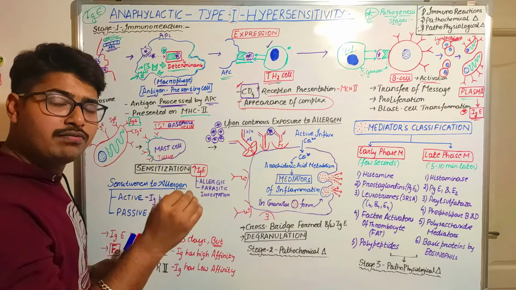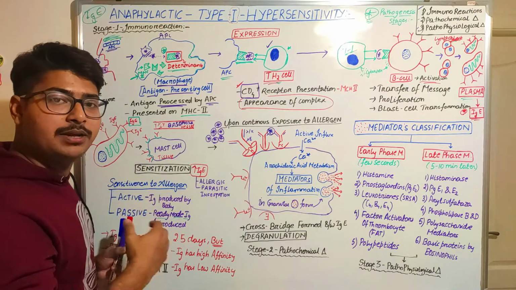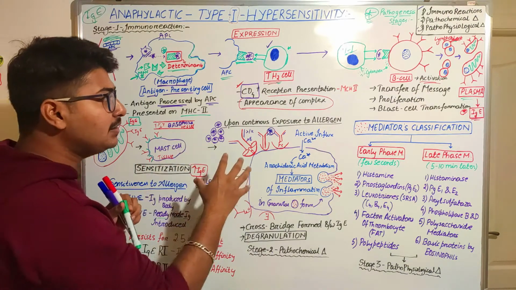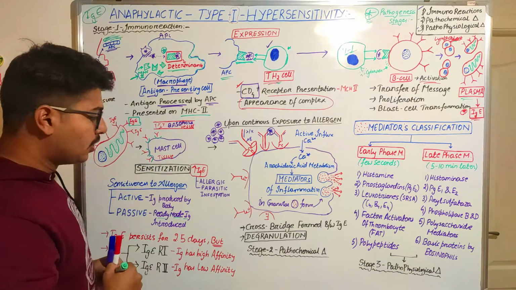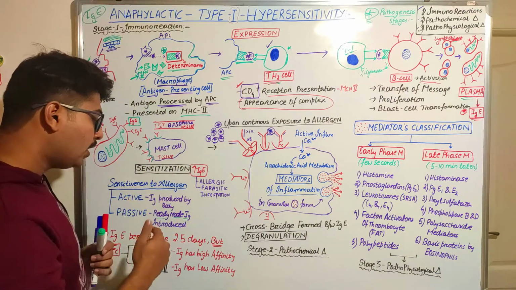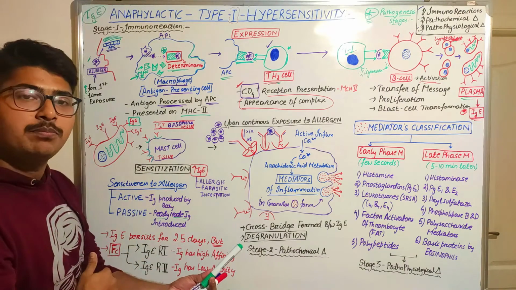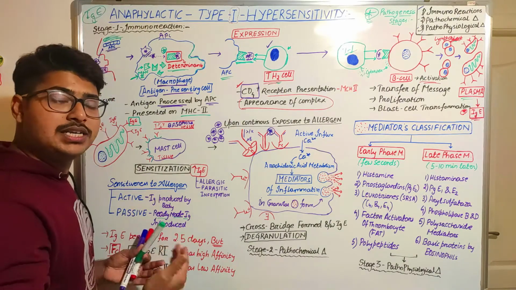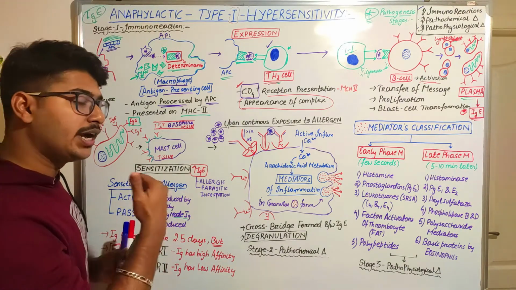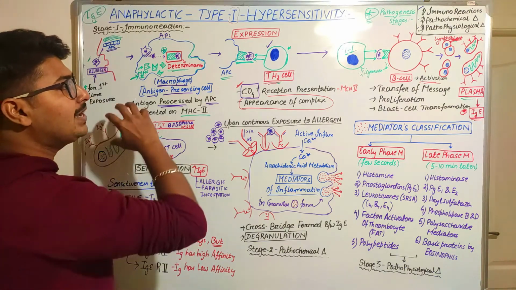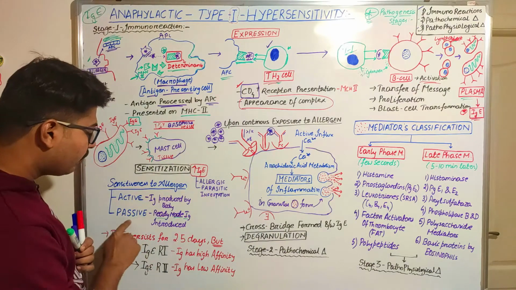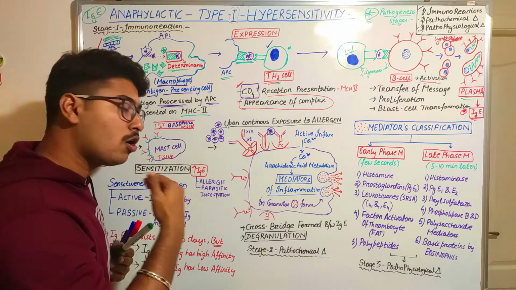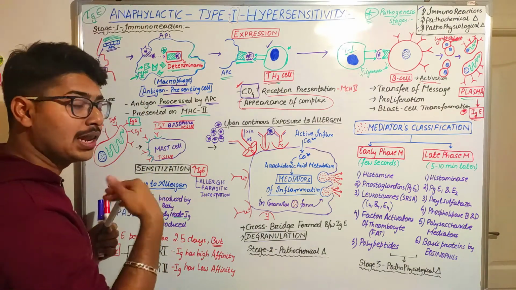That means we need to give them pre-formed antibodies to fight against the allergen. So when we give ready-made antibodies to individuals whose body cannot process all these cascade reactions, we call it the passive way of sensitiveness to allergen.